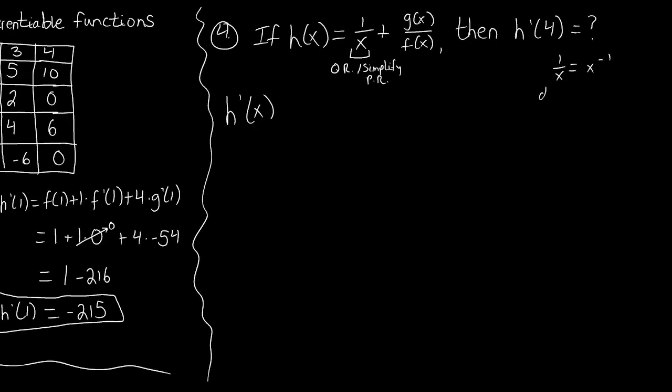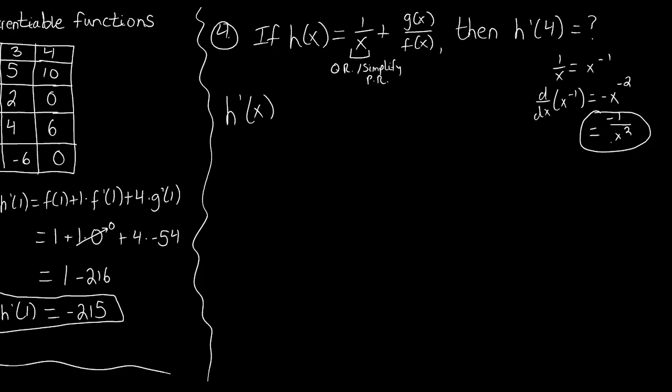And then we ask, well, since that has a power, let's use the power rule to find the derivative of it. So we bring this power down, so we have negative x, and then we subtract 1. So we get negative x to the negative 2, which is also equivalent to negative 1 over x squared. We would also get the same answer using the quotient rule.